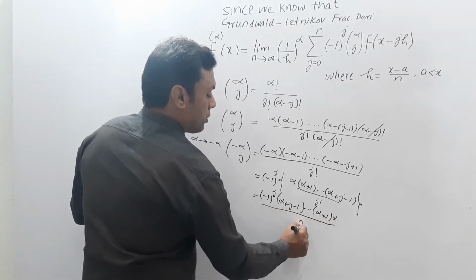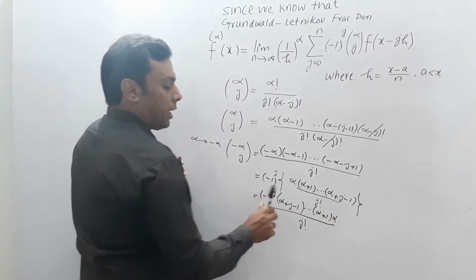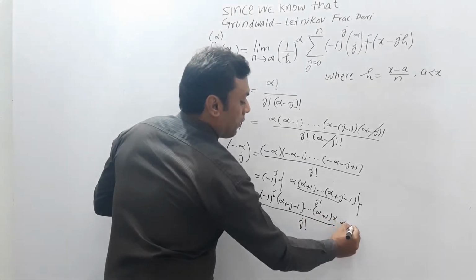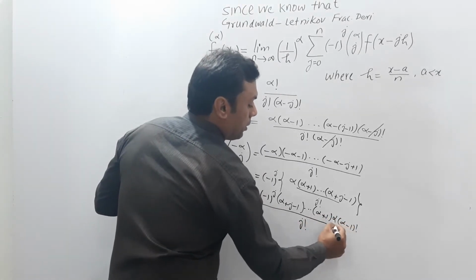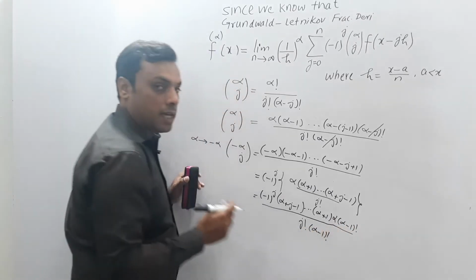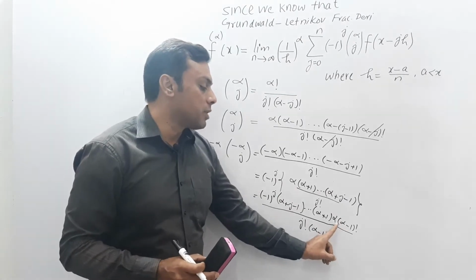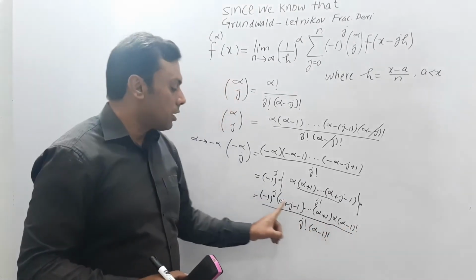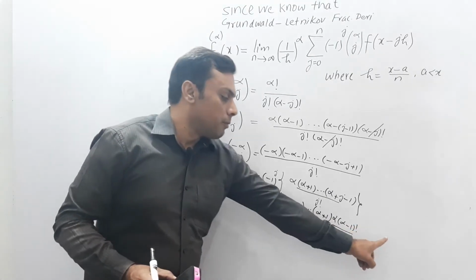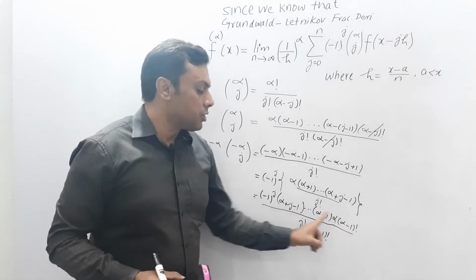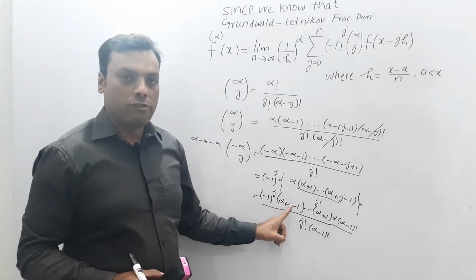Now if I multiply and divide this by alpha minus 1 factorial, since alpha minus 1 factorial completes the previous terms down to 1, this is the complete sequence from 1 up to alpha plus j minus 1. So this whole expression becomes alpha plus j minus 1 factorial.